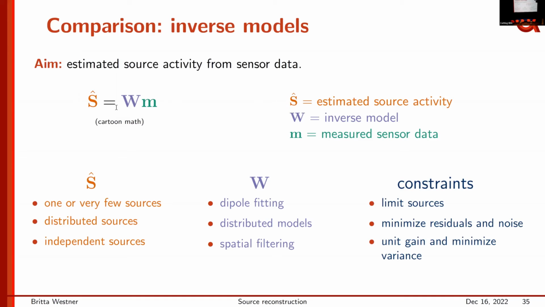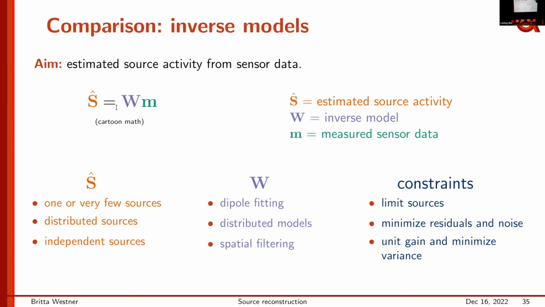I only list the most important ones here. Dipole fitting limits the number of sources, so we don't even get into that trouble of an ill-posed inversion because we estimate fewer sources than sensors. For the other 2 models, that's not true.